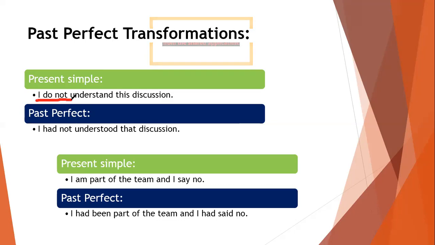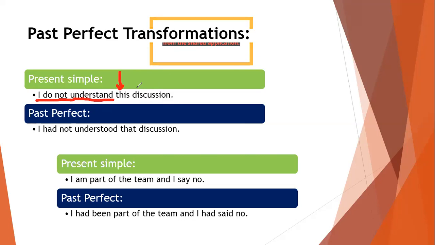I do not is in the present. Understand is part of the structure, present simple. This discussion is also in the present, and this stays the same. Only those fragments are the ones that are going to change.